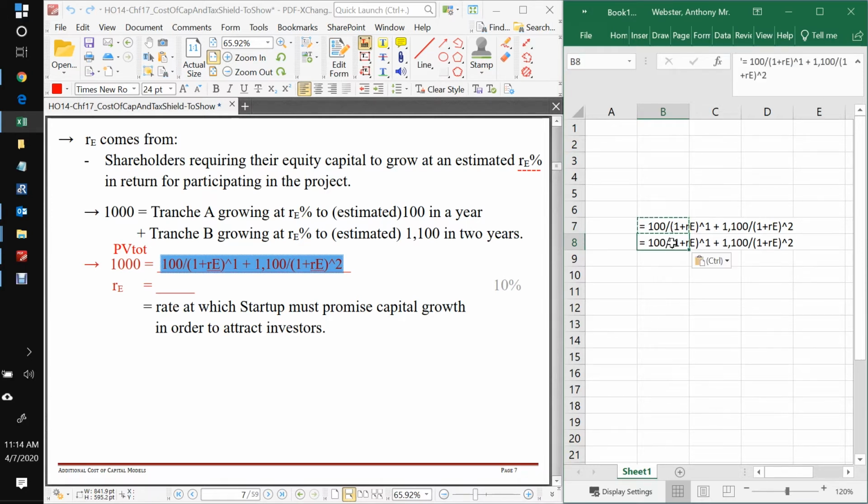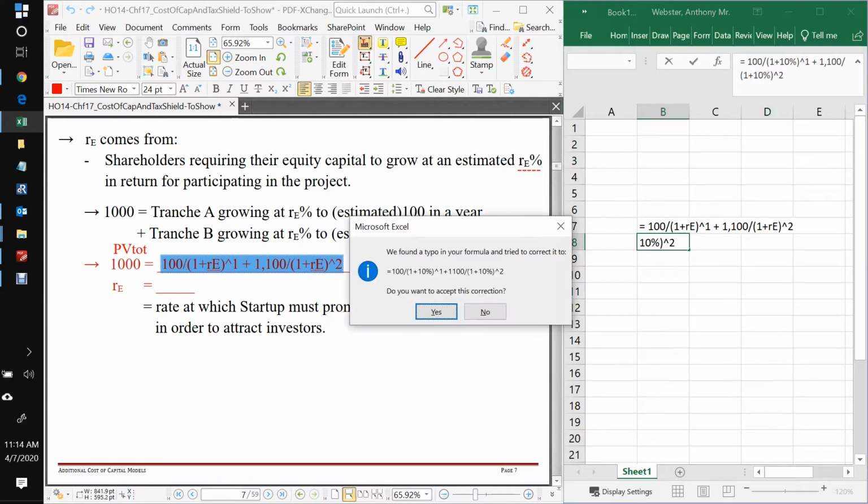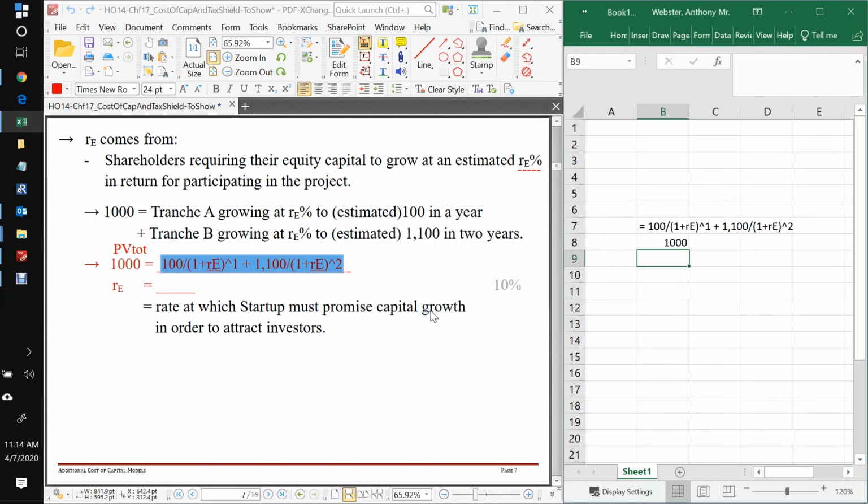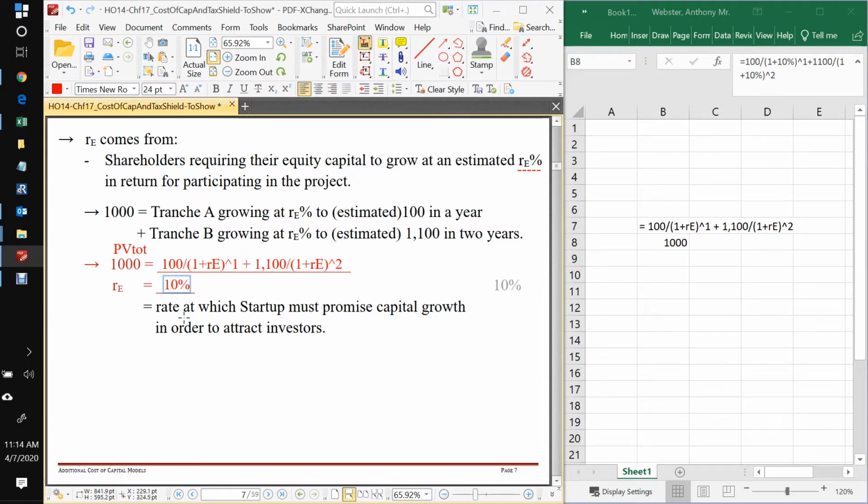I'm going to try trial and error here. I'll take as a guess for RE 10%, and I'll put that in here. It didn't like my comma up here, and it's changing that, so that's fine. And I do get 1,000, so you can see 1,000 is equal to 1,000 if I use the correct RE of 10%.